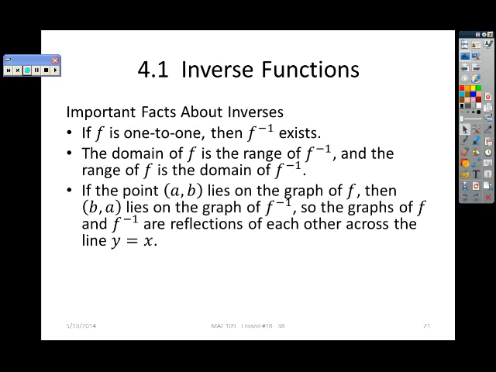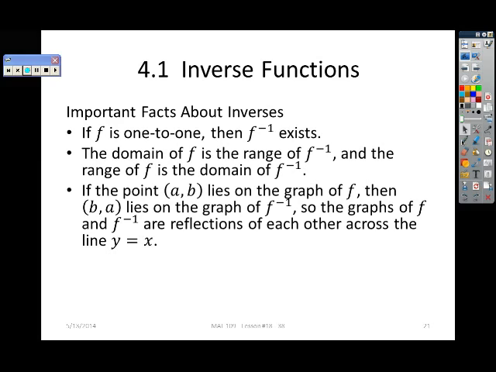And kind of like the ordered pair thing when we looked at it, if the point (a, b) is on the graph of the function, then the point (b, a) is on the graph of the inverse. It actually winds up that the inverse is the reflection of the original function, but now instead of reflecting across an axis, it reflects across a diagonal line.